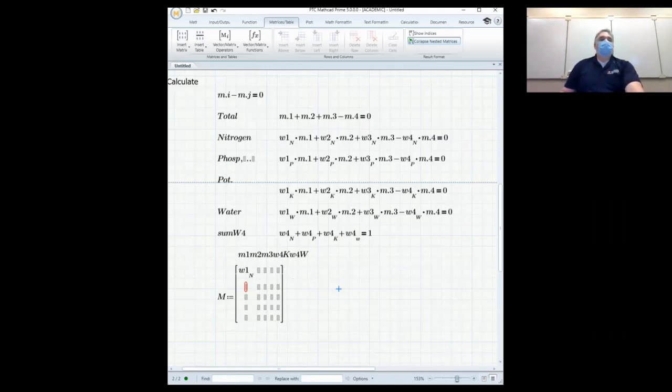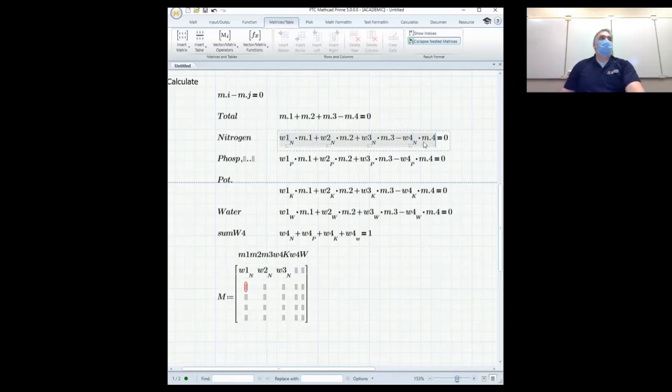All right, so let's see. The first equation, second column is M2, so it's W2 nitrogen multiplying M2. And W3 nitrogen is multiplying M3. And the next column is not M4, it's W4K. What is multiplying W4K in this nitrogen equation here?